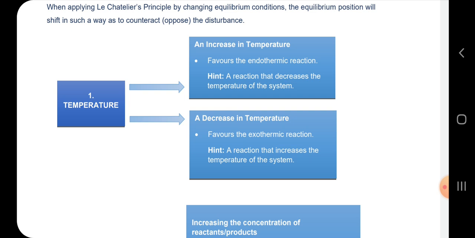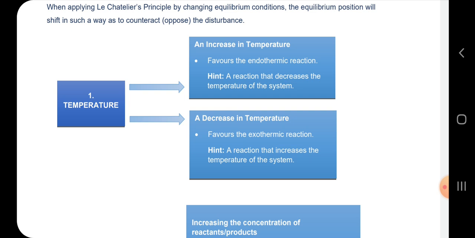And then when you decrease the temperature, exothermic reaction increases. So that is when you are trying to decrease the temperature. So the system will work against you and do the opposite of what you are trying to achieve, right? So the exothermic is like burning of a candle, roasting iron, burning sugar.